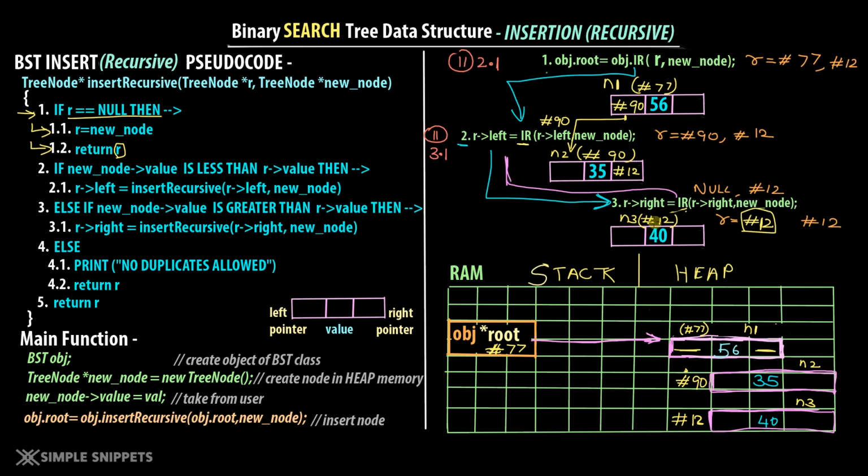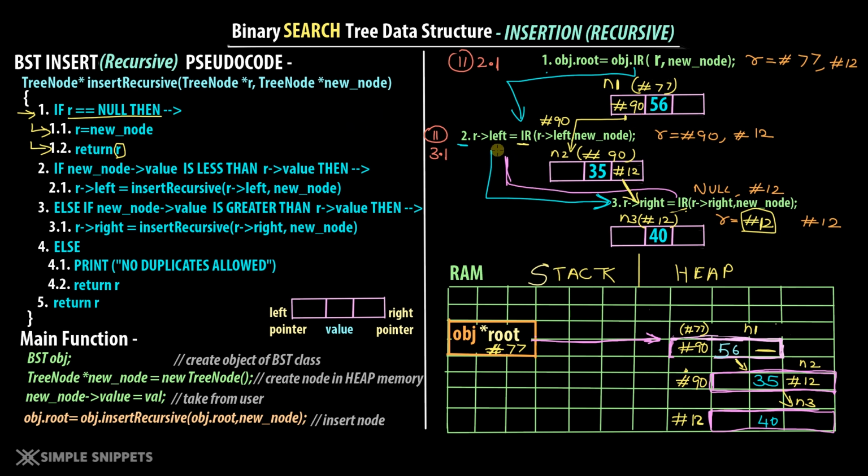N3's address is hash 12, and N2's right pointer is now hash 12. In the memory diagram also, N2's right should have hash 12, and N1's left should have hash 90. So N1 is linked to N2, and N2 is linked to N3. In the memory also, this is how the linking will happen.